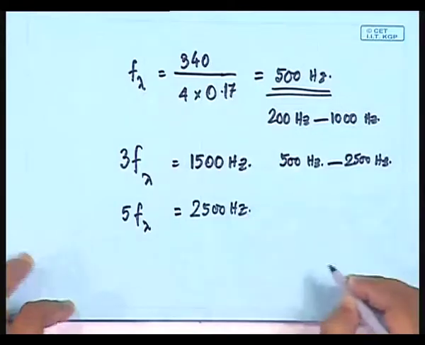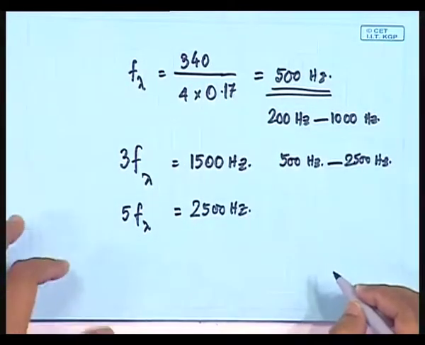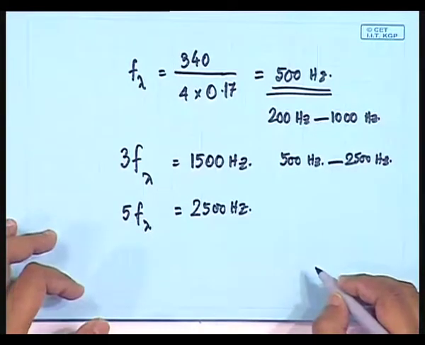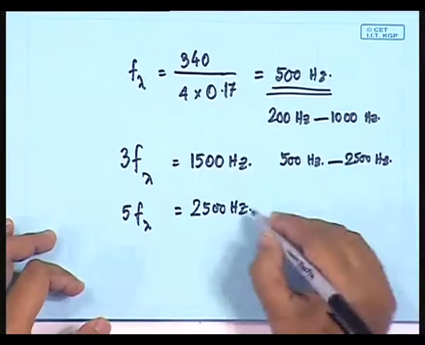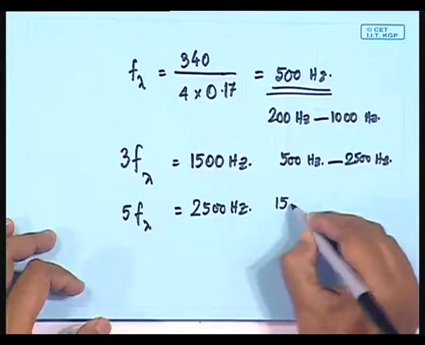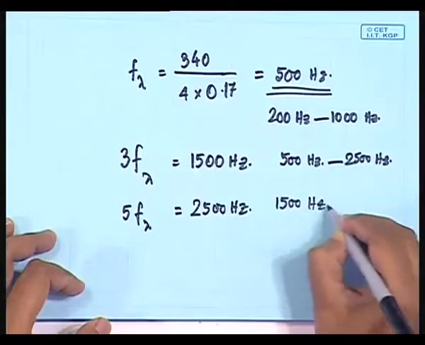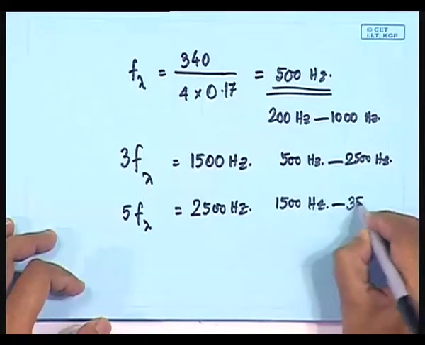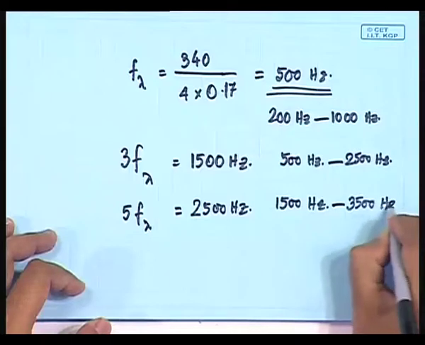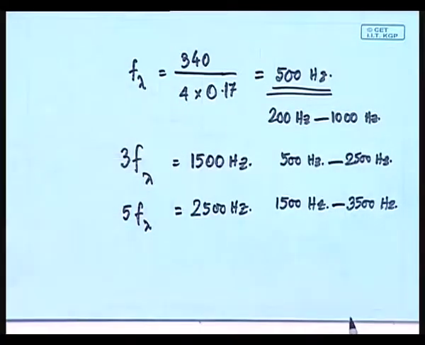But from a practical point of view, we should have again a range of values, that we can say as 1500 hertz up to 3500 hertz. These are the kind of variations that are possible.